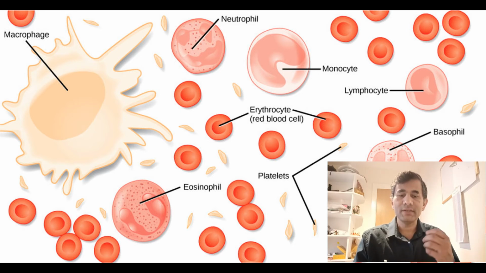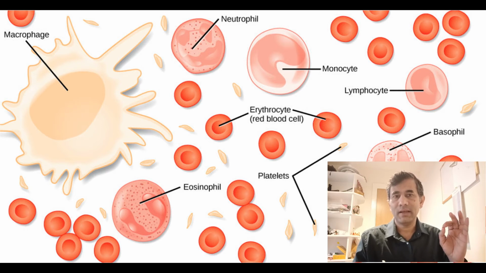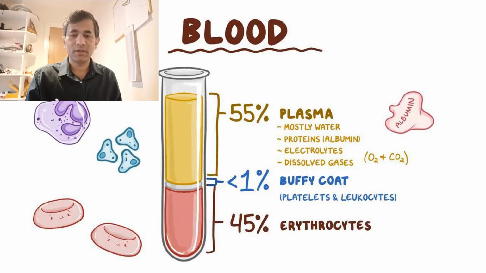Now it also carries food, hormones, waste products from one part to the other. We know the cells are red blood cells, RBCs, WBCs, and platelets, and there are no fibers in blood. So have a look at this diagram. What is blood made up of? The blood has got plasma, that is the matrix, and cells: red blood cells, white blood cells, and platelets.